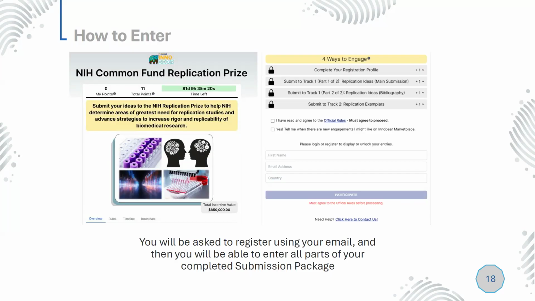And so you can get a refresher on what we described today. So that's on the left, and then the screenshot on the right shows the different sections that you will need to complete to submit a full application.